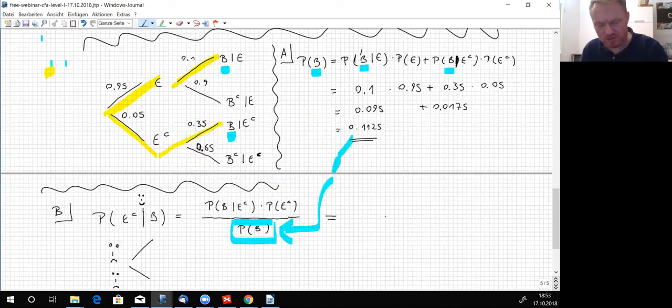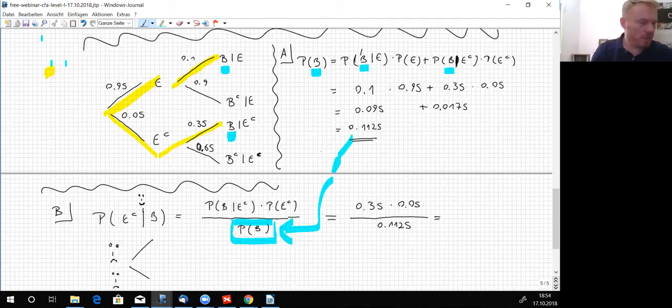Leading to those numbers, the probability of B if E complement happened first is given by 0.35 multiplied by the probability of the event EC, 0.05, divided by 0.1125. I calculated it somewhere, but I can't find it anymore.